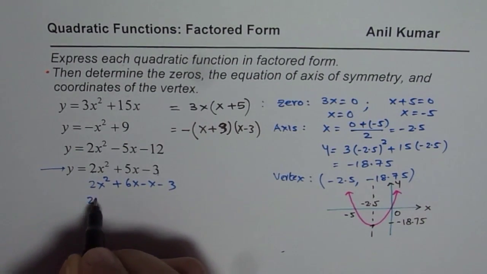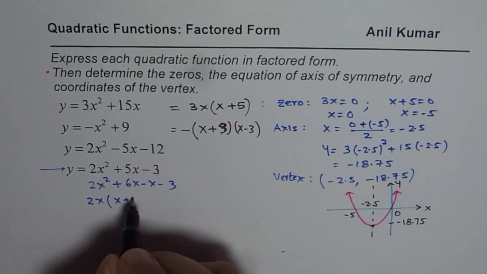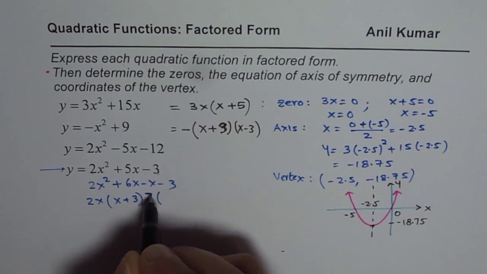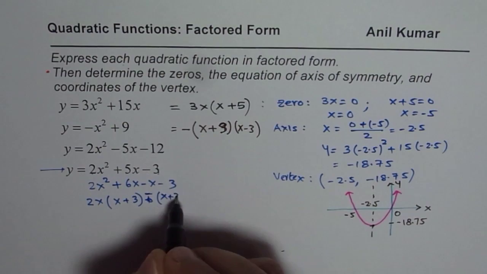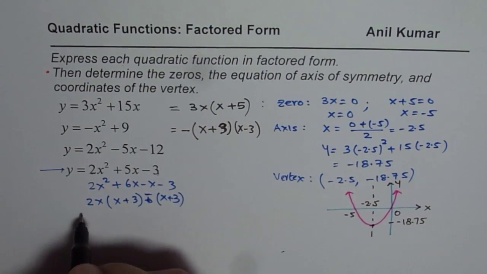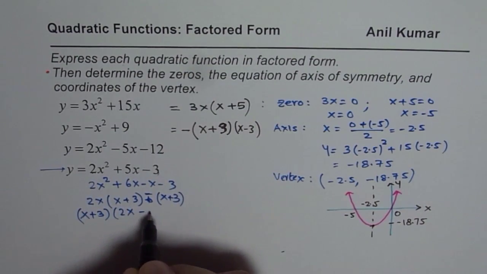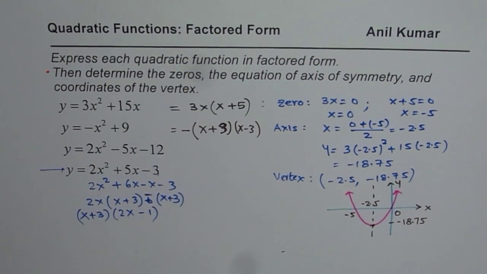Combine the terms, so we have 2x times x plus 3. Here 1 is common, minus 1 is common. Let's take minus 1 common, so we get x plus 3 here. x plus 3 is a common factor, correct? So we could write this as x plus 3 times 2x minus 1. So that becomes the factored form for the next equation.